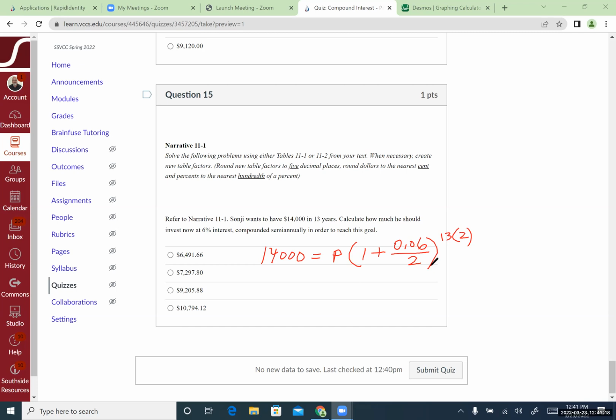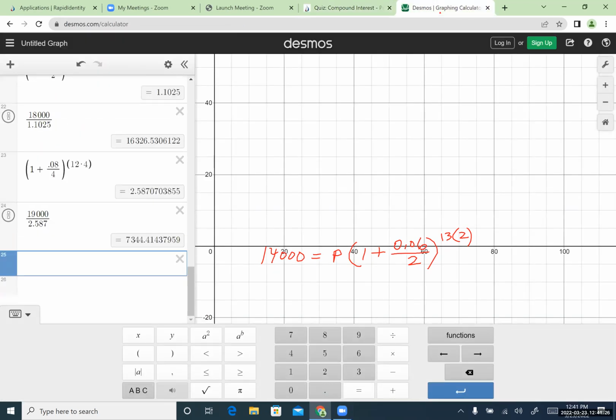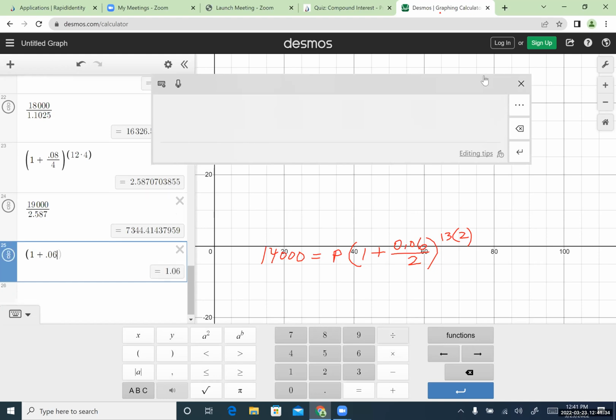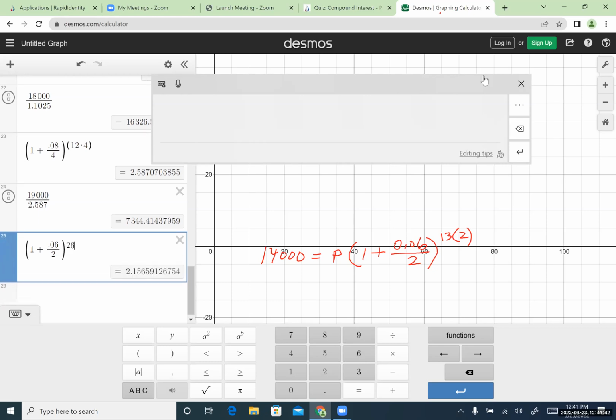So let me crunch all those numbers to the right of the P, and I get 1 plus 0.06 divided by twice a year, raised to the 13 times 2, that's the 26 power, 2.1565.